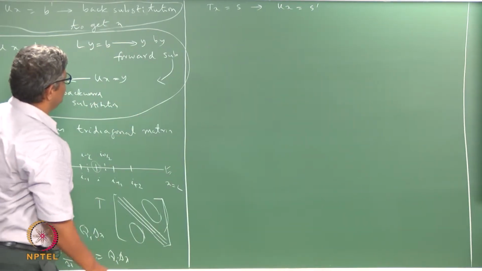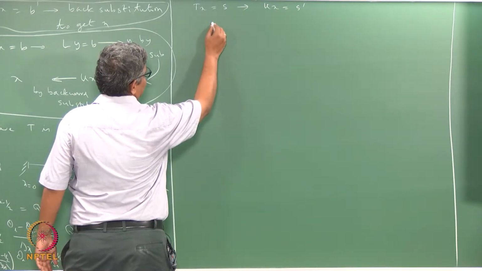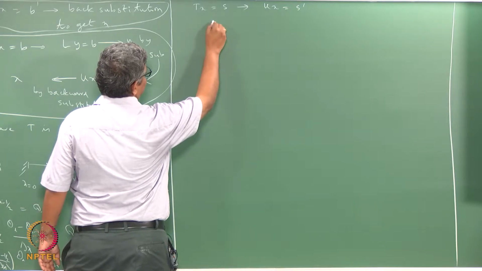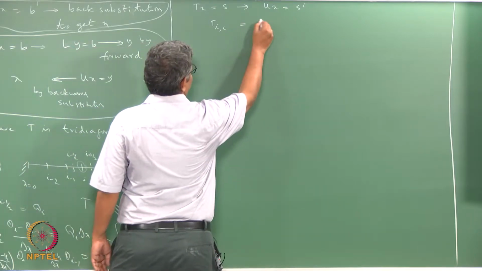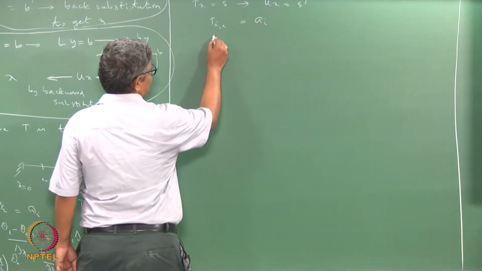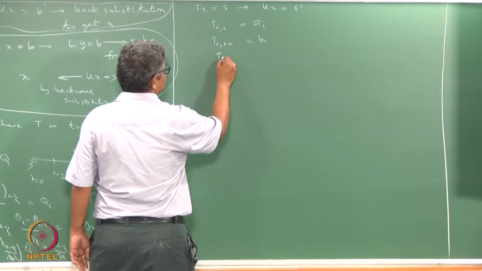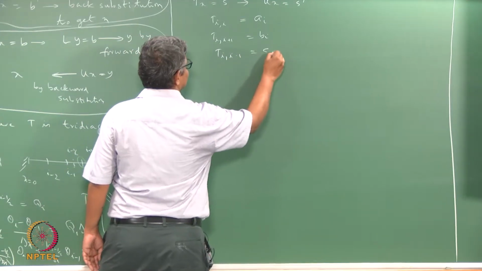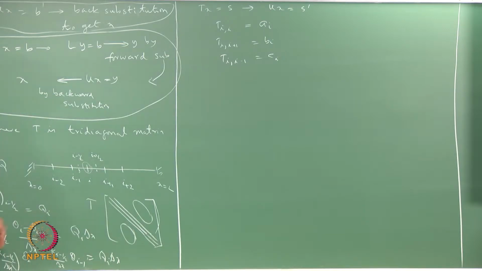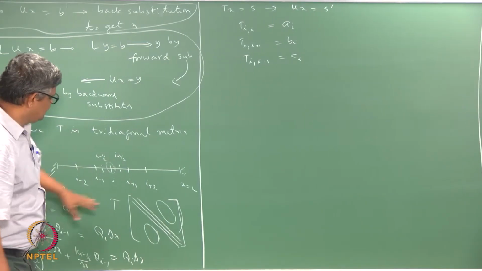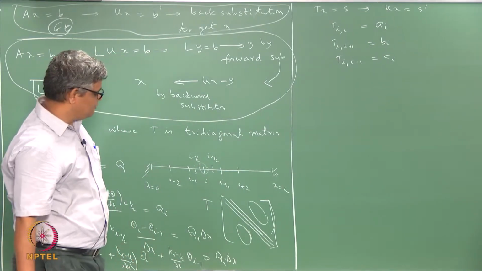So, what we are looking at is that T is such that T I comma I is AI, and T I comma I plus 1 is BI, and T I comma I minus 1 is CI, okay, where A, B, C are the coefficients, so that for the ith equation in this, so you have first equation, second equation, third equation, all the way up to n number of equations.